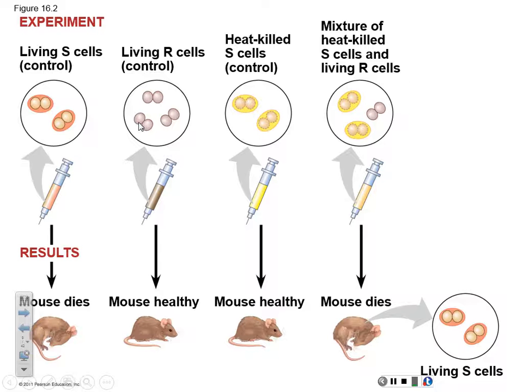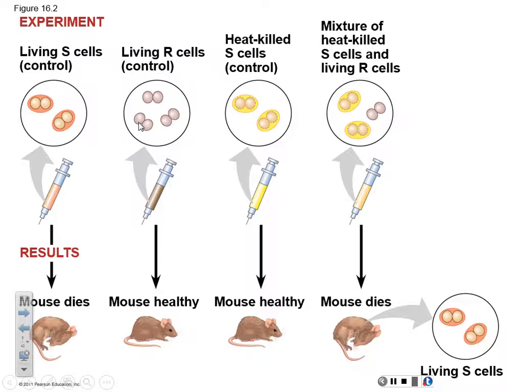I mean, what's he thinking? What was the logical connection that made him mix dead, smooth bacteria with live, rough bacteria? I mean, coming into this, you've got to be thinking, okay, these mice are going to get sick, and they'll get better because it's the rough bacteria that's infecting them. But that's not what he found.